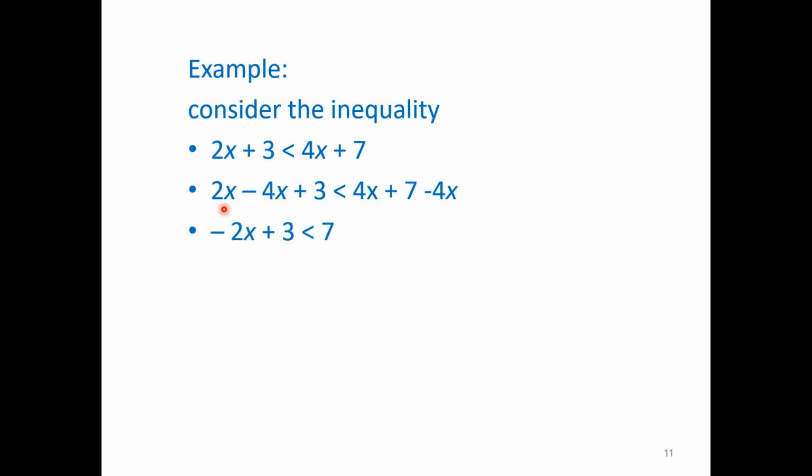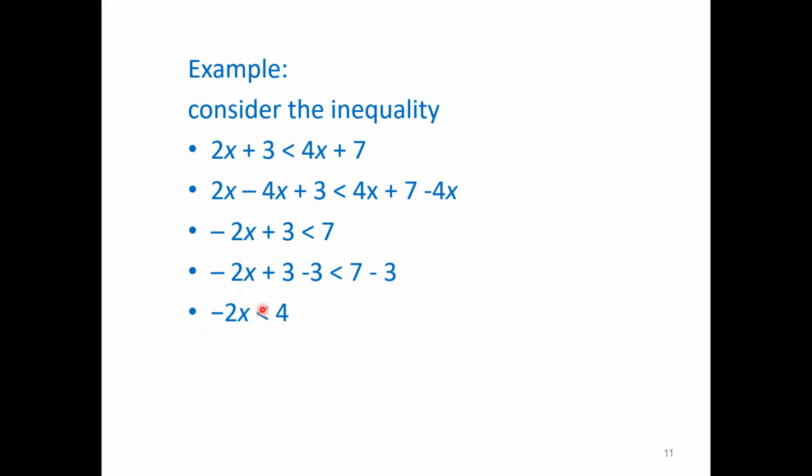Then we will have 2x minus 4x, which is minus 2x, plus 3 less than 7, because 4x minus 4x on the right side cancel each other. Now we have to get rid of this 3, so we subtract 3 from both sides. Then we will get minus 2x less than 4.